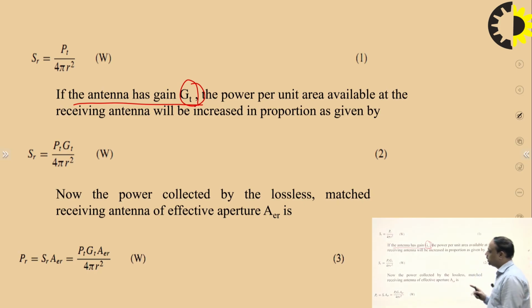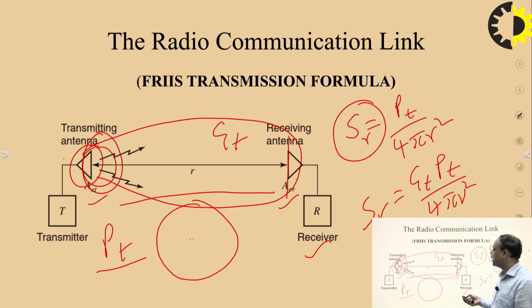Now this power is transmitted toward the receiving antenna, but the amount of power actually received depends upon the effective aperture area of the receiving antenna. So this pointing vector is multiplied by the effective aperture of the receiving antenna.